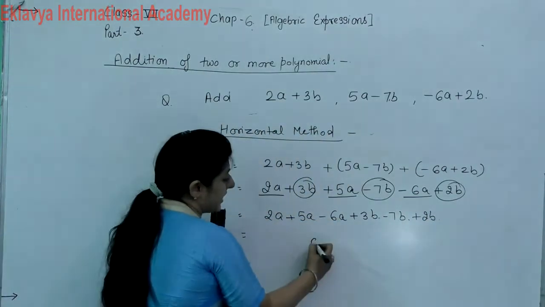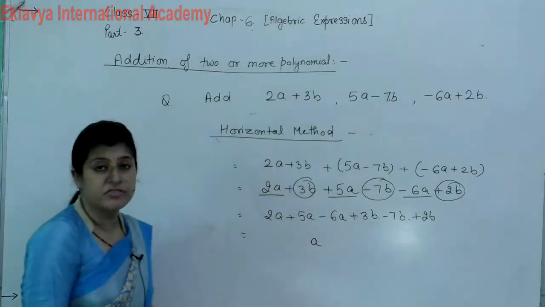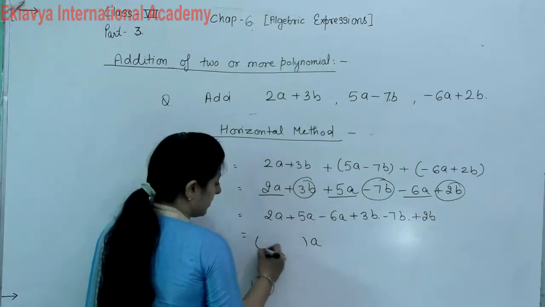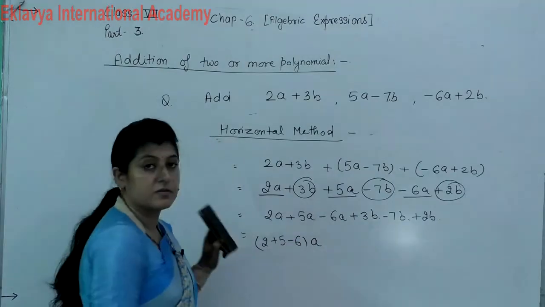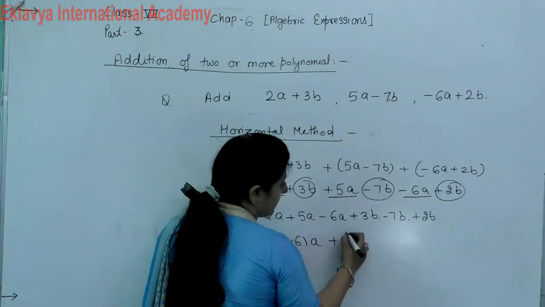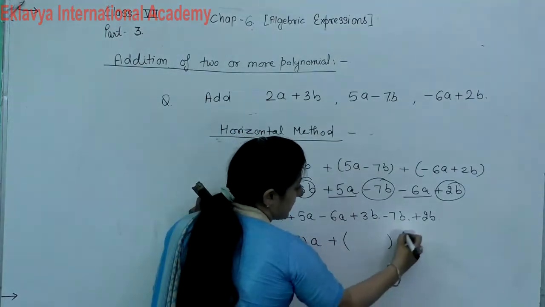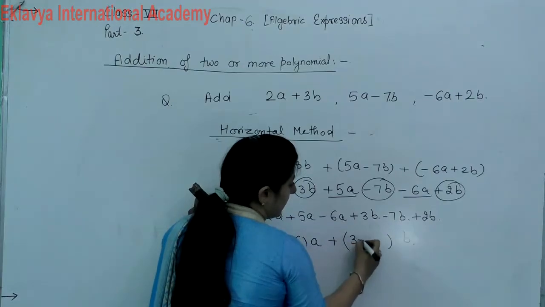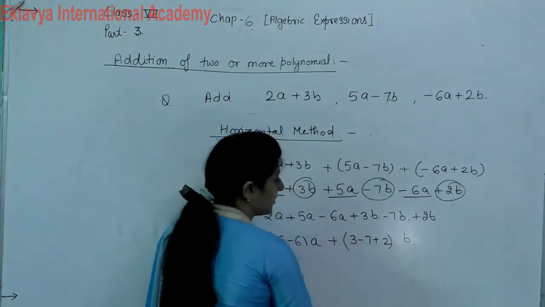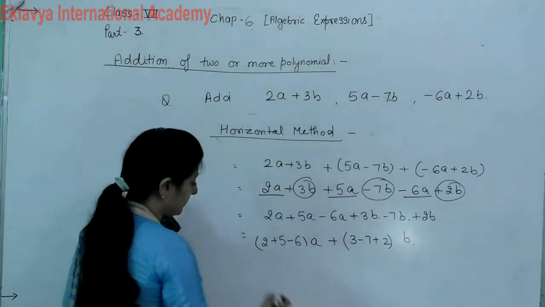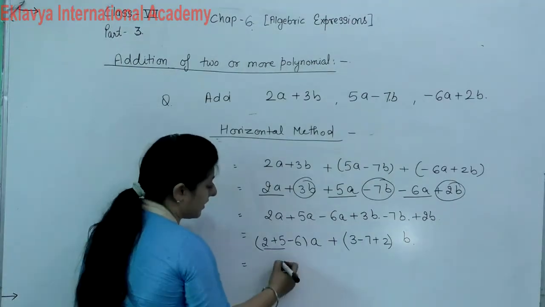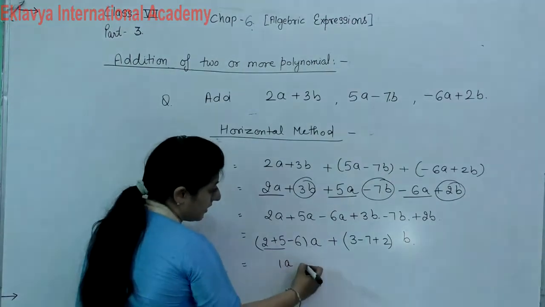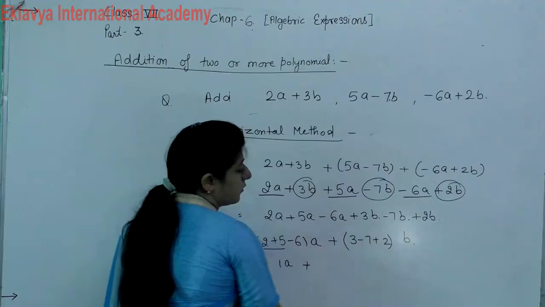All are terms with a, so obviously your answer will come with a. 2 plus 5 minus 6. Put a positive sign here. Obviously the answer will come in b: 3 minus 7 plus 2. 2 plus 5 is 7. 7 minus 6 is 1. 1a. Then 3 plus 2 is 5.